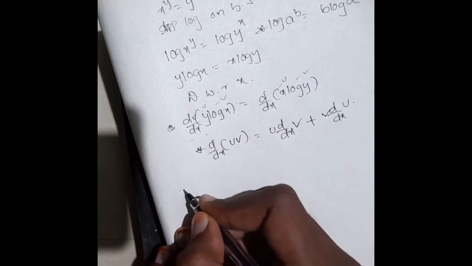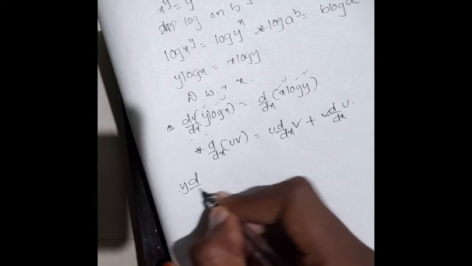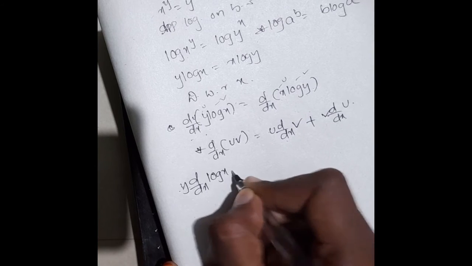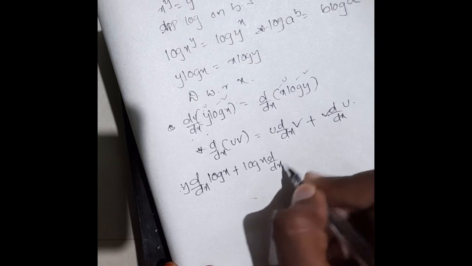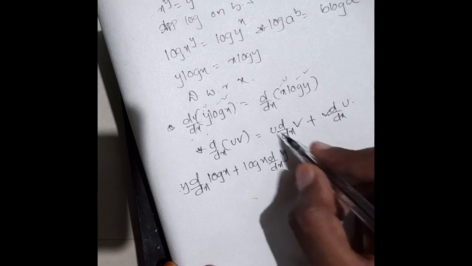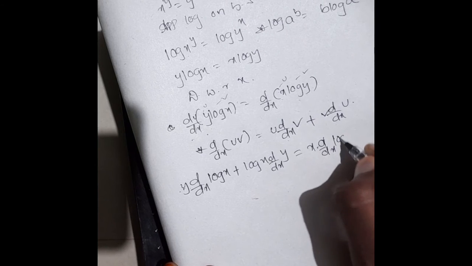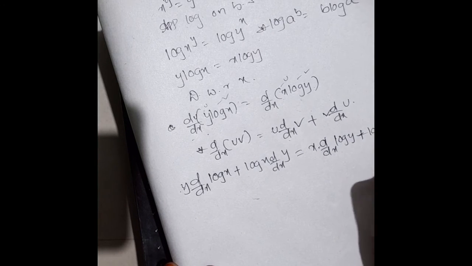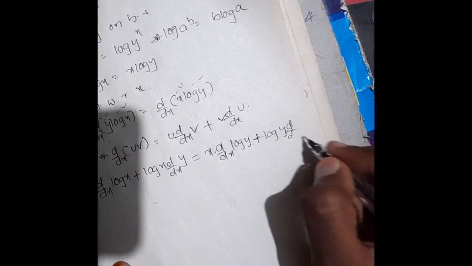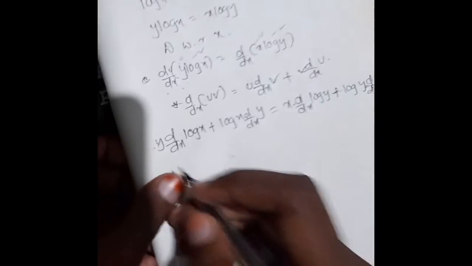Now u means y, d by dx of log x, plus v is log x, d by dx of y. Equals, similarly, u is x, d by dx of v, log y, plus v is log y, d by dx of u, which is x.